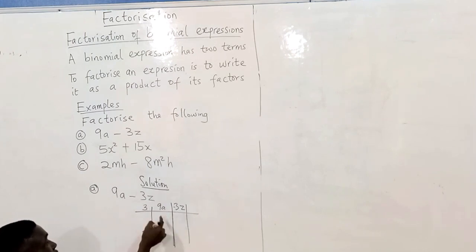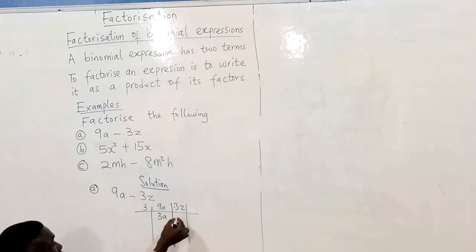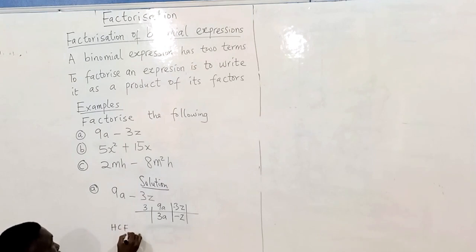We have 3. 9a divided by 3, we have 3a. And minus 3z divided by 3, we have minus z. So what else can divide 3a and minus z? Nothing. So the HCF is equal to 3.